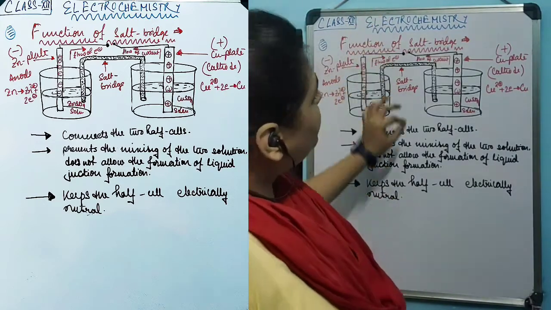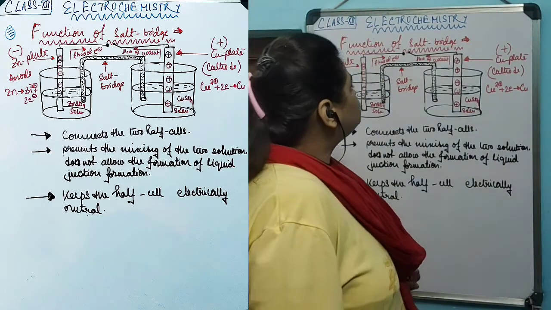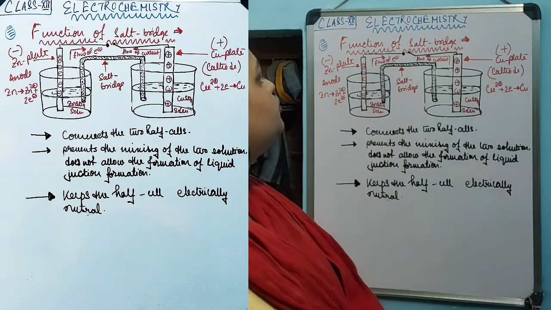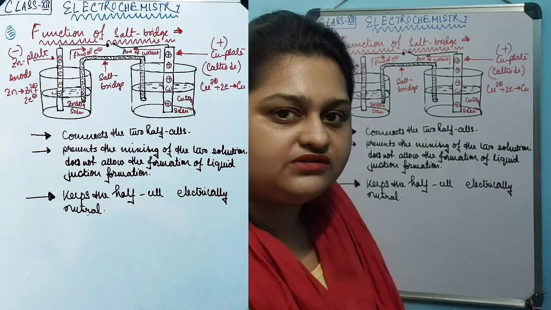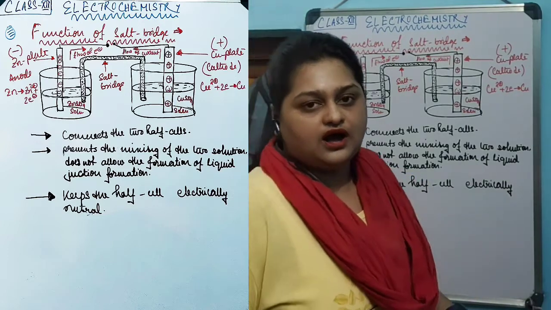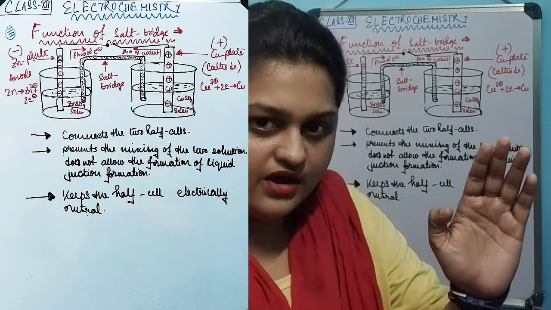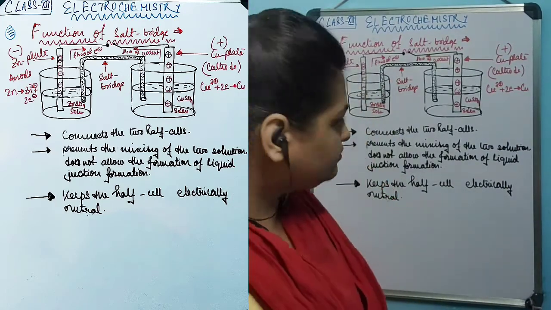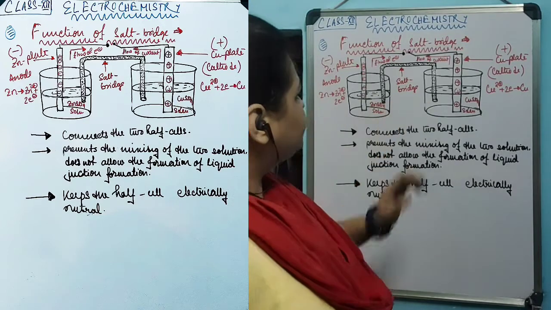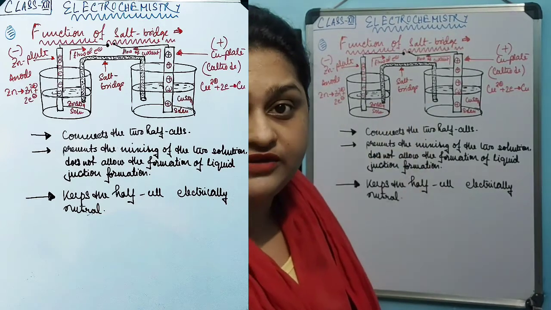Now when you provide a salt bridge, when you connect these two half cells with the salt bridge, what is happening? The electrolytic ions present in the salt bridge will move towards the respective solutions.